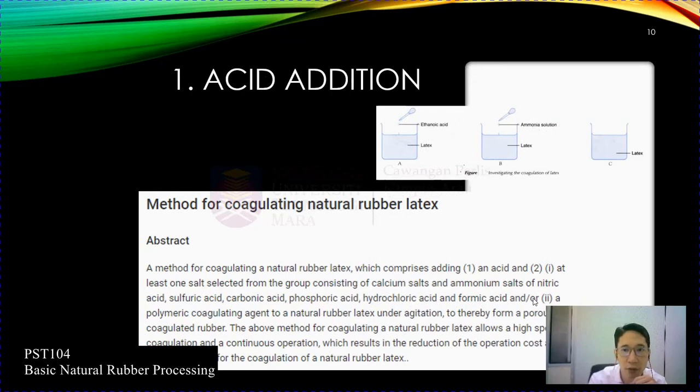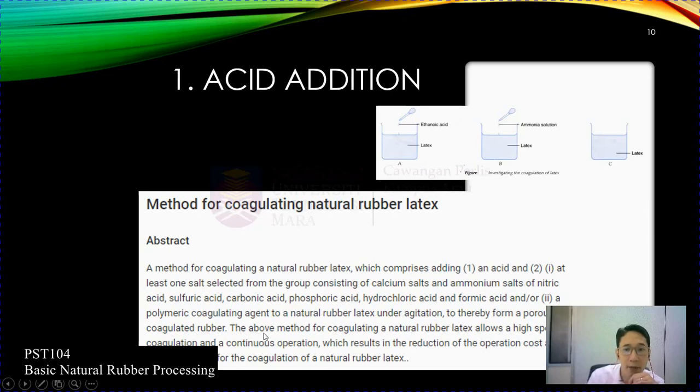Method of coagulation of natural rubber latex. A method for coagulating a natural rubber latex which comprises adding one, an acid, and two, at least one salt selected from the group consisting of calcium salts, ammonium salt, nitric acid, sulfuric acid, carbonic acid, phosphoric acid, hydrochloric acid, and formic acid, and/or a polymer coagulating agent, to natural rubber latex under agitation, and thereby forming a porous coagulated rubber.